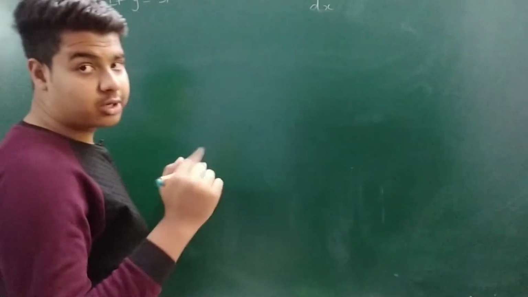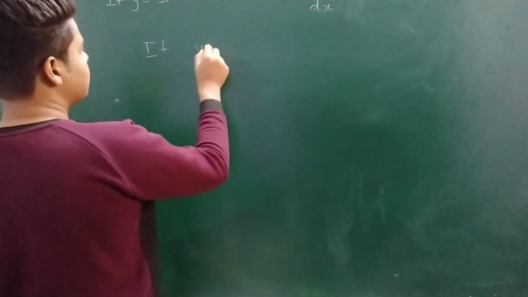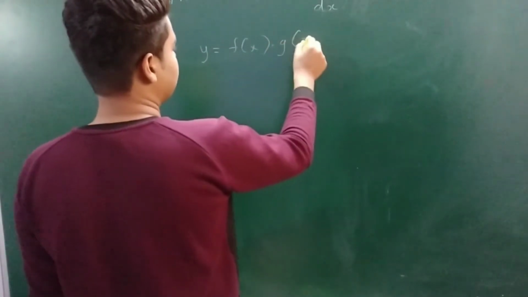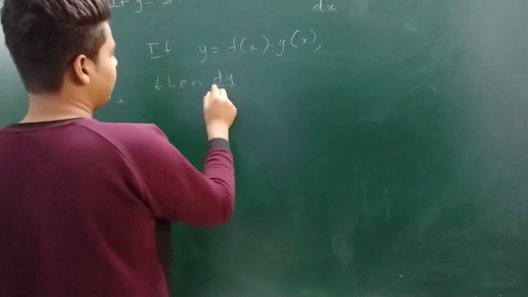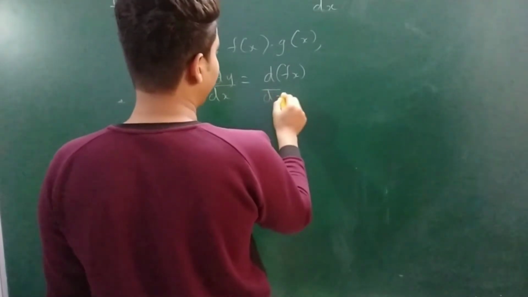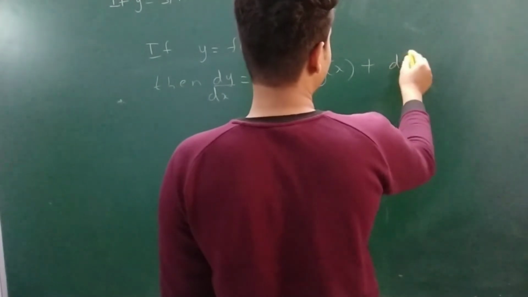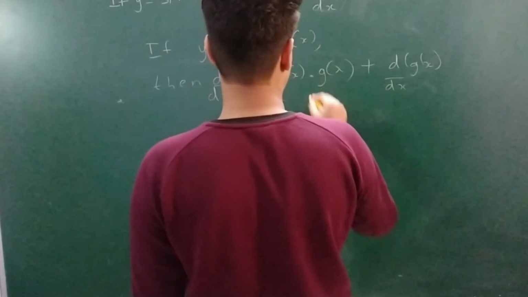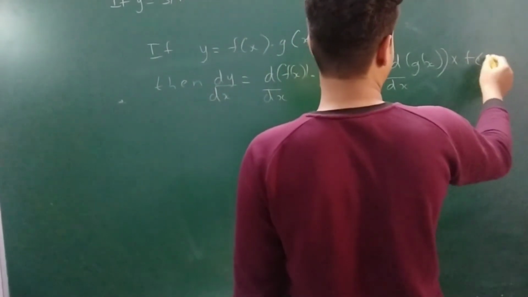First, we will be using the product rule. The product rule states that if y is equal to f(x) dot g(x), then differentiation of y will be differentiation of f(x) multiplied by g(x) plus differentiation of g(x) multiplied by f(x).